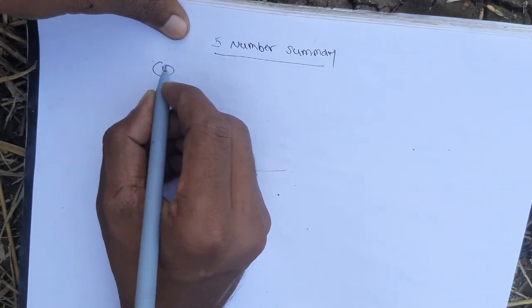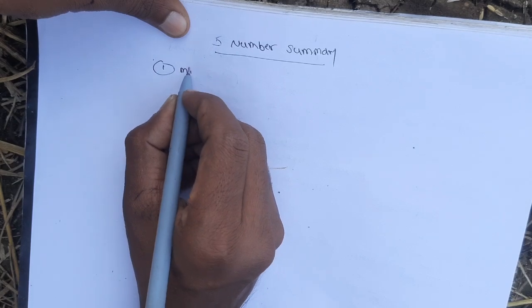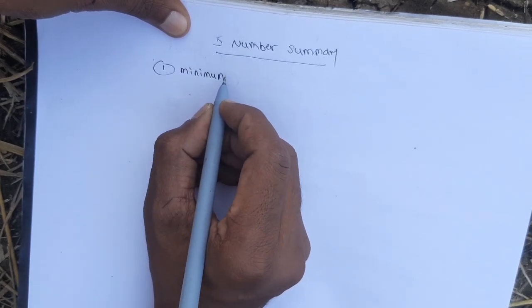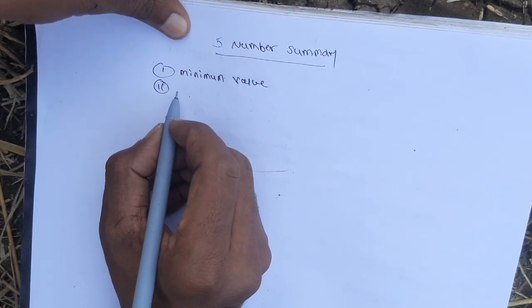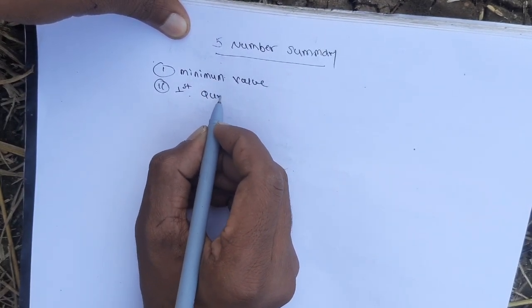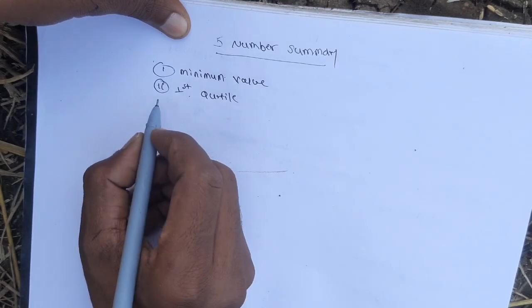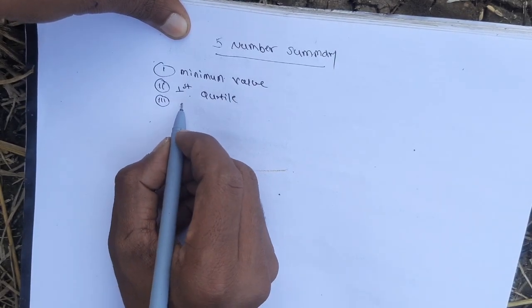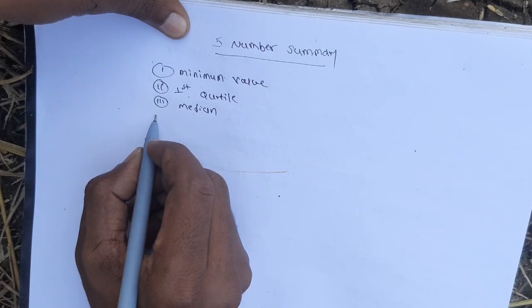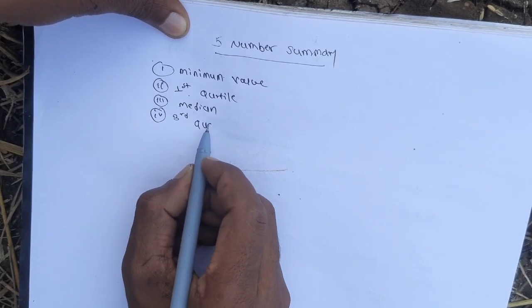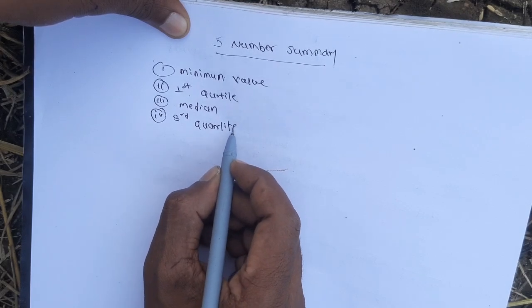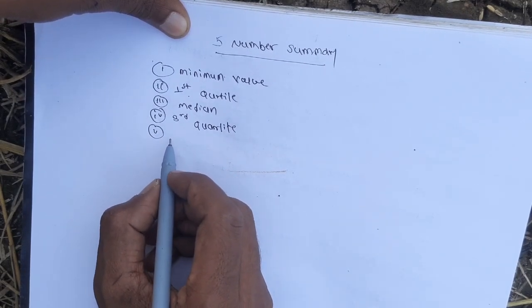In a 5-number summary, we are calculating the first one, the minimum value, then the first quartile, the third one is the median, the fourth one is the third quartile, and the fifth one is the maximum value.